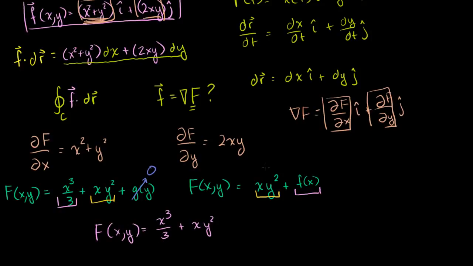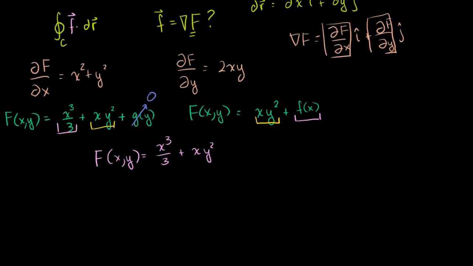We've already established that, but just to hit the point home, let's take the gradient of it, so you don't just believe what I did there. The gradient of f, and sometimes people put a little vector on top because you're getting a vector out of it, is going to be the partial of this with respect to x times i.